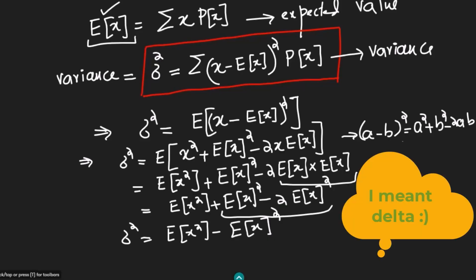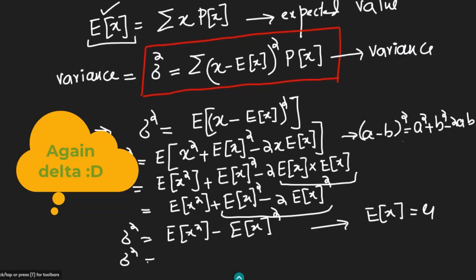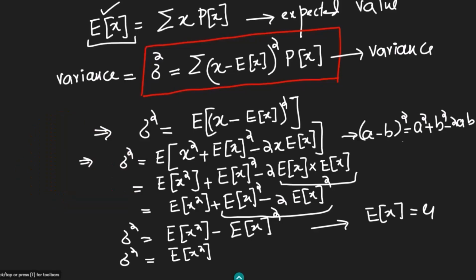In many places we can see that E x is also denoted by mu. So replacing it here, I will get sigma square is equal to E x square minus mu square, and that is the final outcome, also called the variance of the random variable x.